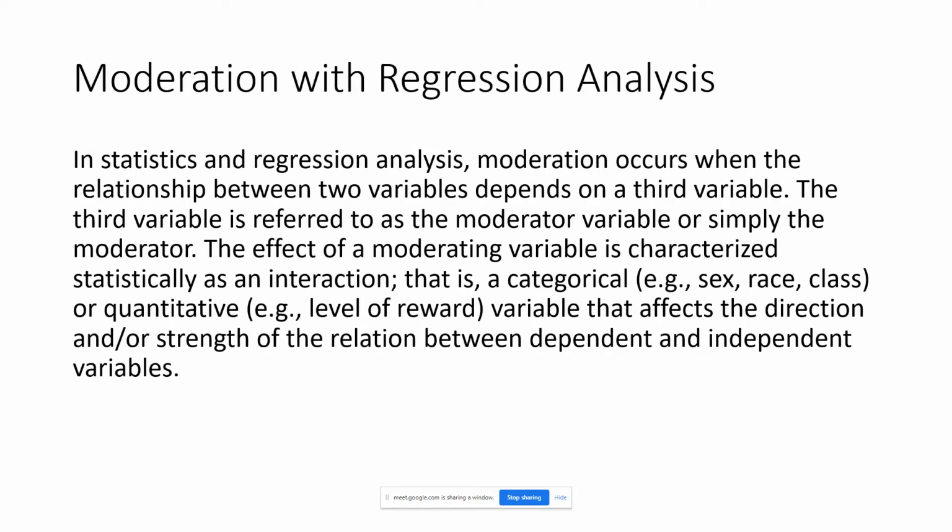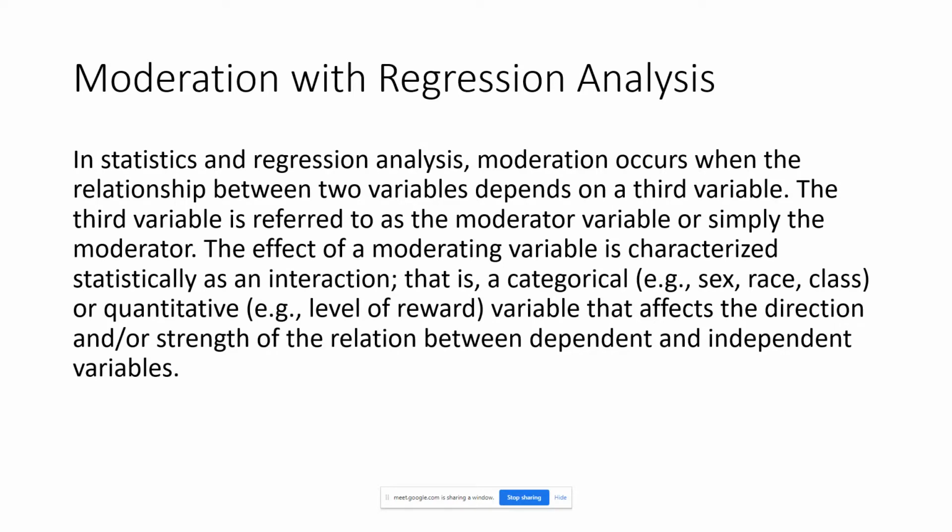In analysis of variance, the basic moderator effect can be represented as an interaction between a focal independent variable and a factor that specifies the appropriate condition of its operation.